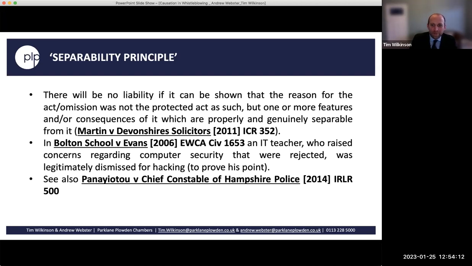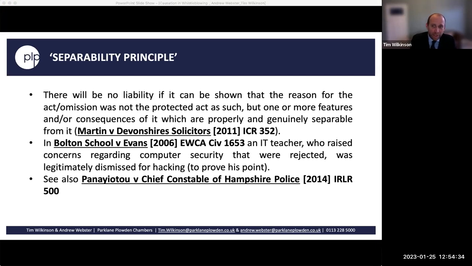The tribunal reminded us it's not a but-for test. We're considering the substantive or the operative reason. And the tribunal explained that sometimes it may be necessary to explore what it is about the particular grievance, how it was advanced, or what the wider circumstances were.